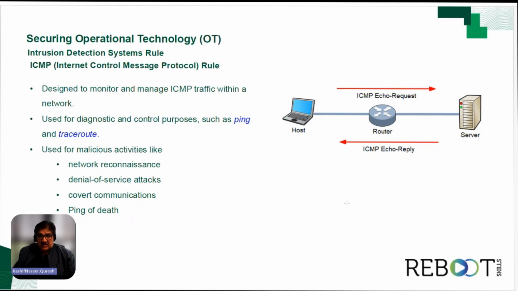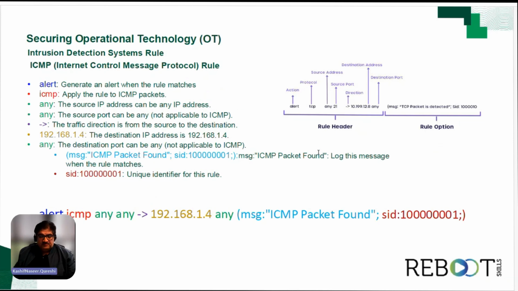Let me go to the next slide. This is the rule which we are working on in today's lab. We will make a simple ICMP rule, and this rule generates an alert for any ICMP packet detected on the network with the destination IP address.